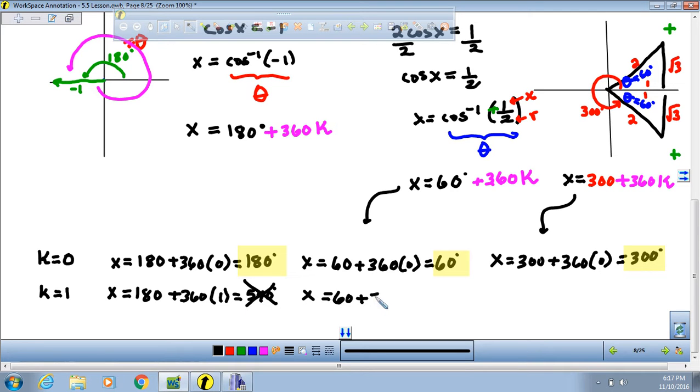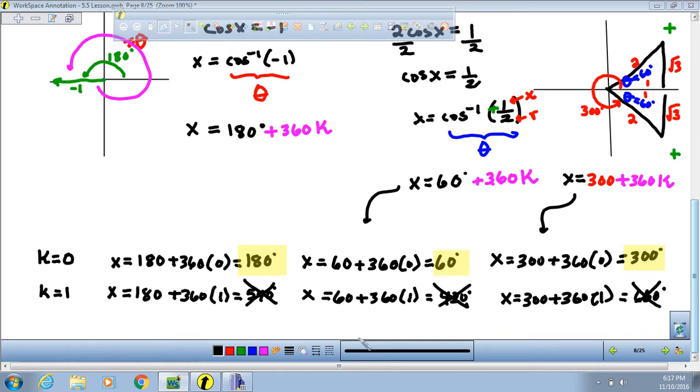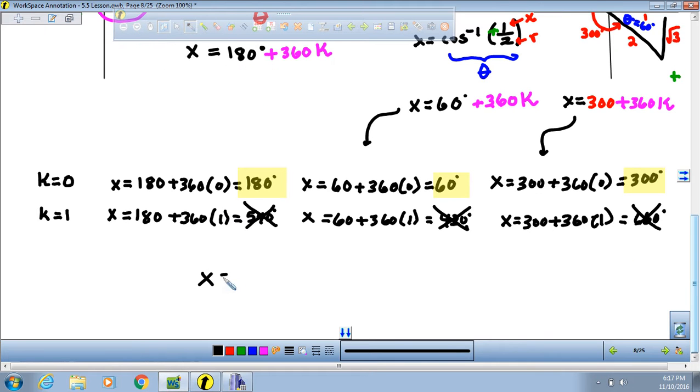This is 60 plus 360 times 1, so that's going to be 420, and that is over 360 also. And this one is 300 plus 360 times 1, that is going to be 660, which is completely over. So this equation has only 3 solutions, and the 3 solutions are 60 degrees, 180 degrees, and 300 degrees.